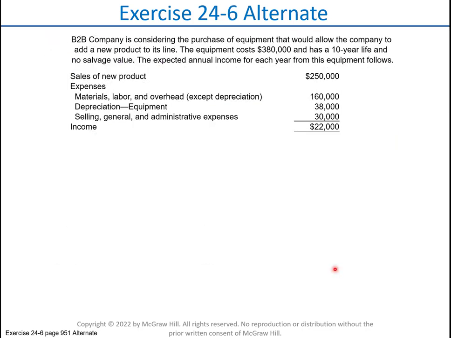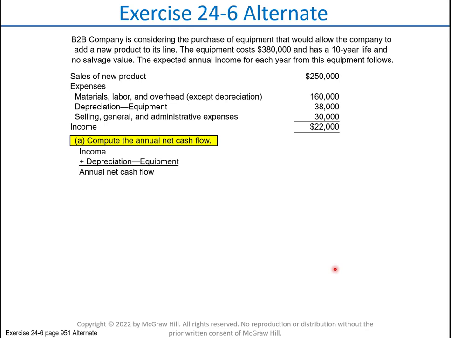The alternate for exercise 24.6 will have us compute the annual net cash flow to start with. Annual net cash flow will be our income plus depreciation. $22,000 income plus 38 gives us our annual net cash flow of $60,000.